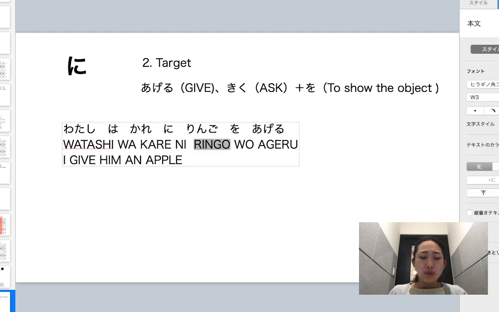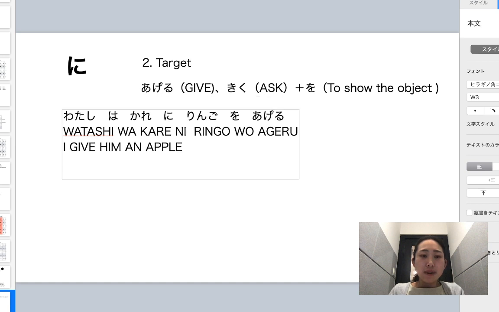So for the structure, the subject comes first. Okay? It's exactly the same as English. But the second part is different.